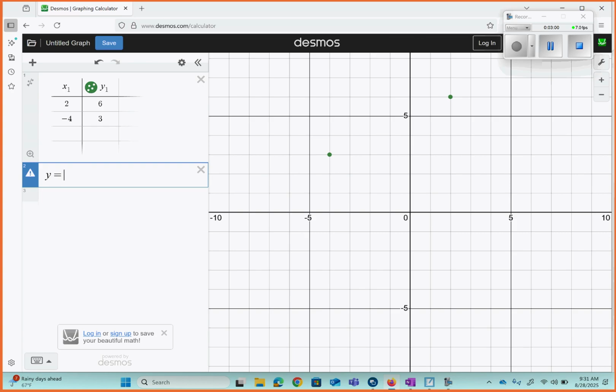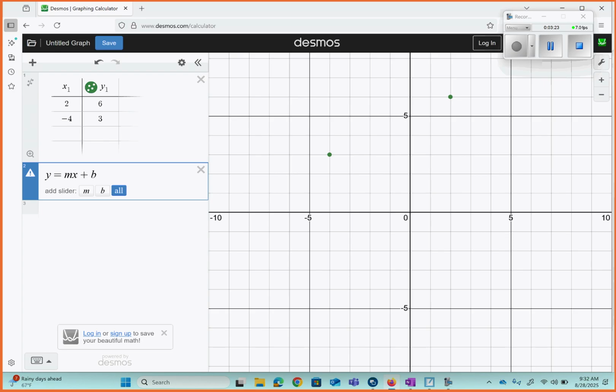Okay, so this is what we're trying to get to. We're trying to get to that equation. Now we're not there yet, but I want you to notice something about this equation. You guys know m is the slope, agree? b is the y-intercept. Good so far?